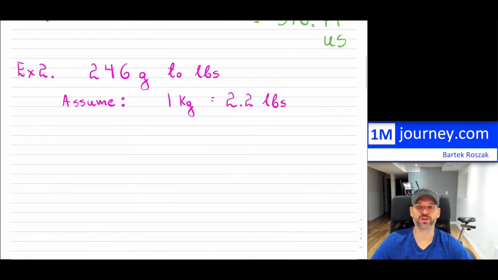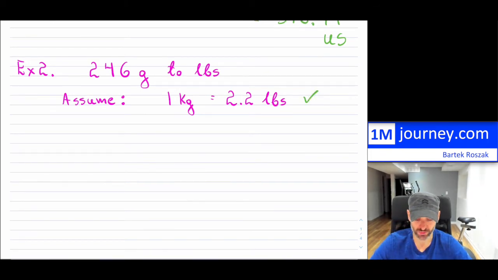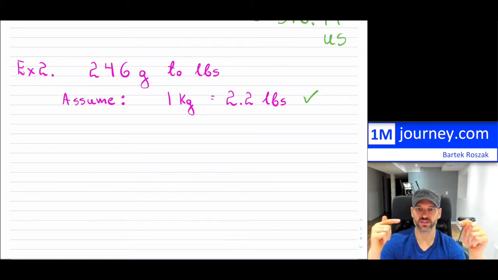It's 246 grams, so it's some kind of a mass, and we want to convert it to LBS, so that's pounds. Now they do tell us right here that 1 kilogram is equal to 2.2 pounds. So I have a scaling factor between kilograms and pounds, right? It's approximately around that much.